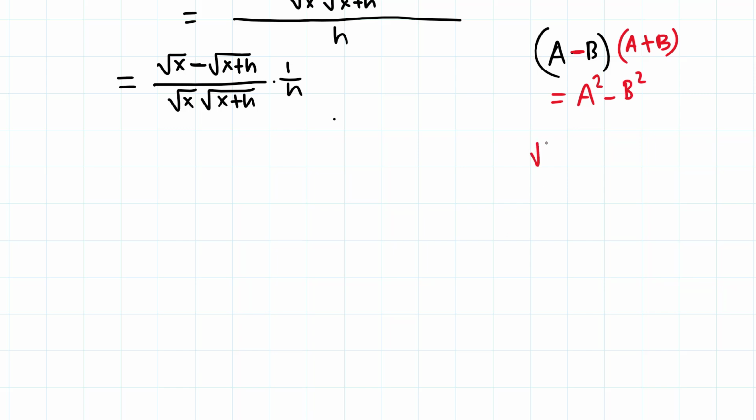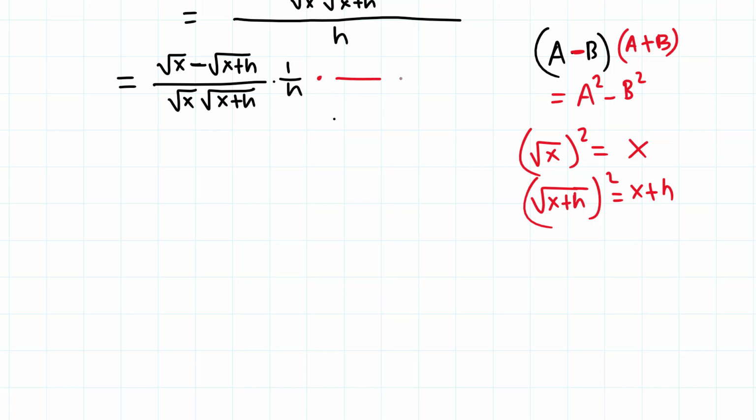We also know that root x squared, when x is positive, the square and square root cancel, just x. And root x plus h quantity squared gives x plus h, when this is positive. So we want to rationalize the numerator, which has the radical sign, so we multiply by the same thing but plus in the middle, root x plus root x plus h. That's the only change. And we have to have the same thing on the bottom.